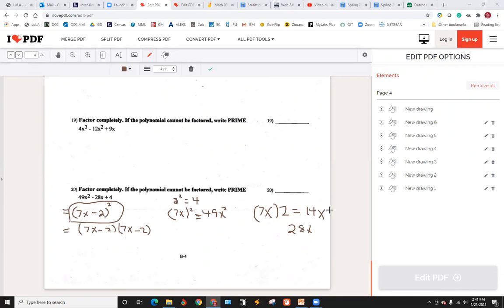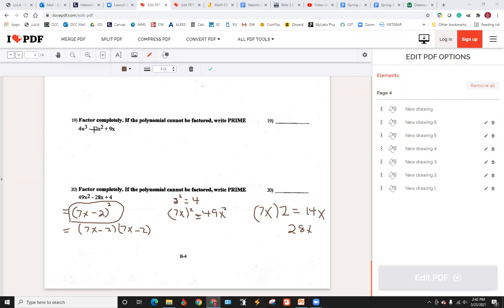All right, look at that next one up there. Another one that's going to, well, actually, what's the greatest common factor on this? This will help us. What's the greatest common factor between all the terms?